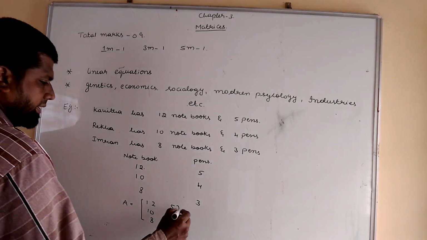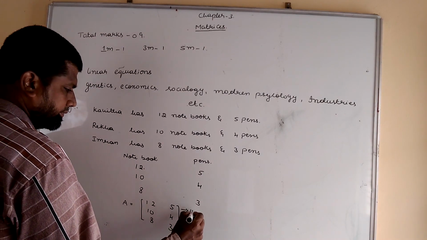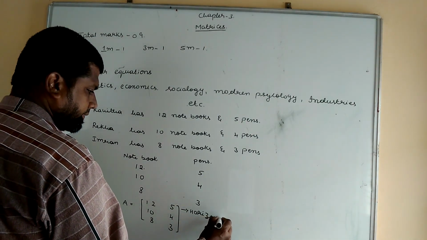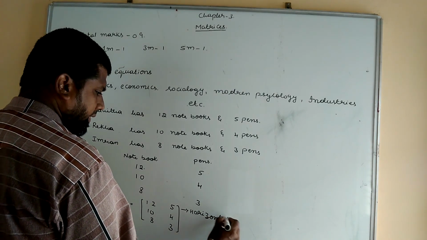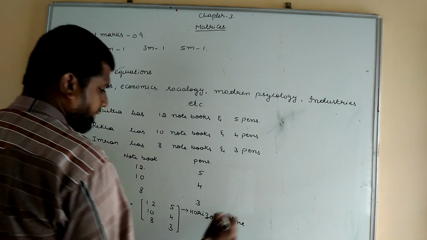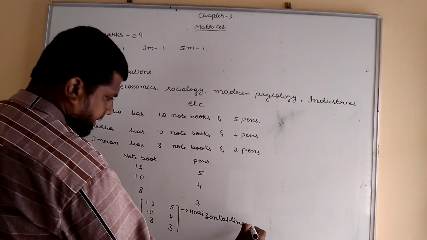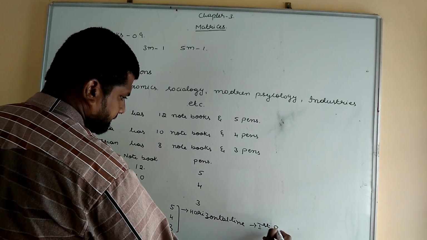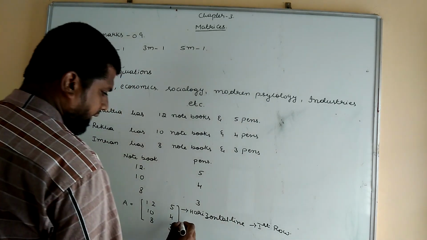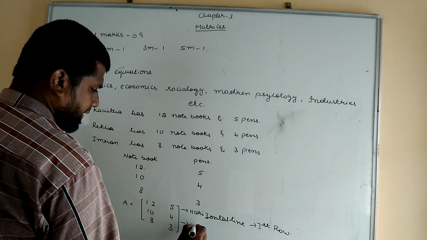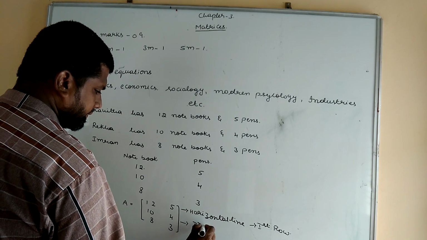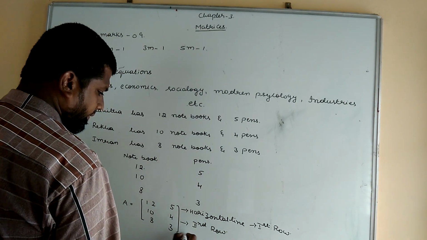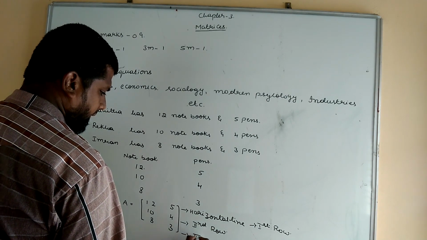So 12 and 5 is a horizontal line. So horizontal line, this is the first row. Then 10 and 4 is the second row. Third row.